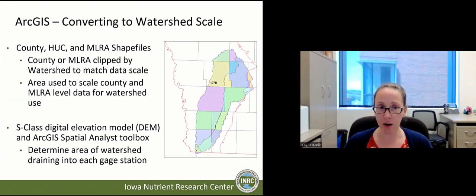So it was the area used to scale. So you can see on the image on the right here, where my cursor is kind of hovering, that purple spot, that is the portion of the West Nishnabotna River watershed that's in Potawatomi County.